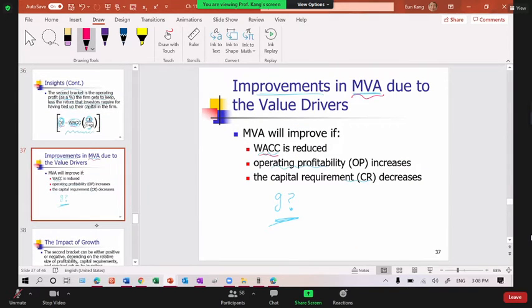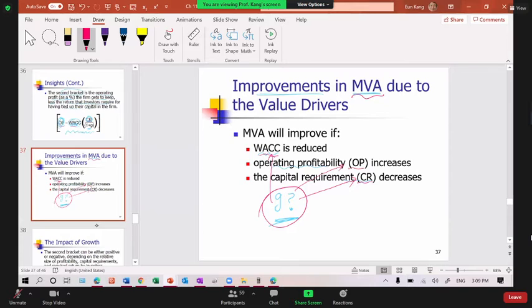So that's what this means: WACC is low, OP increases, CR decreases, but g is not clear because g actually affects everything. g affects WACC, g affects operating profitability, and g affects capital requirement, right?